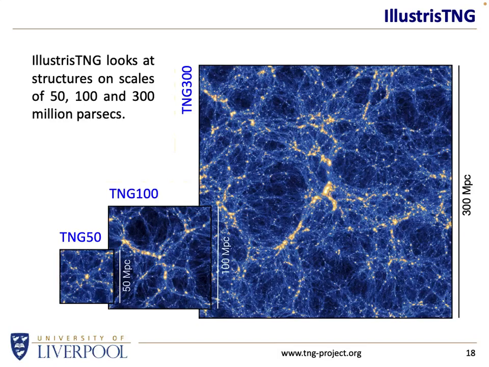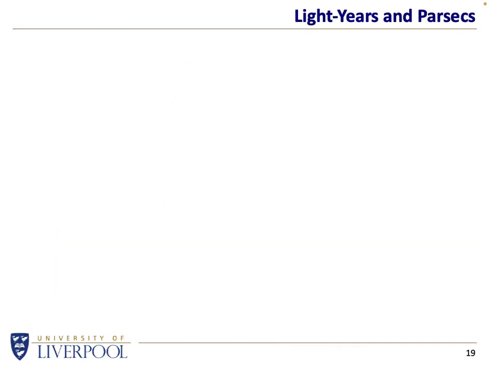And because they're astrophysicists, they work not in light years, but in parsecs, which I'll come back to in just a second. So the TNG simulations operated on spatial scales of 300 megaparsecs or 100 megaparsecs or 50 megaparsecs, depending on, do you want the big picture or do you want the detail? And they ran it at various scales to try and make sure everything hung together.